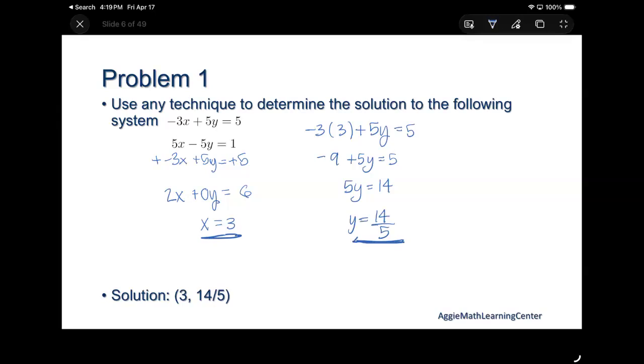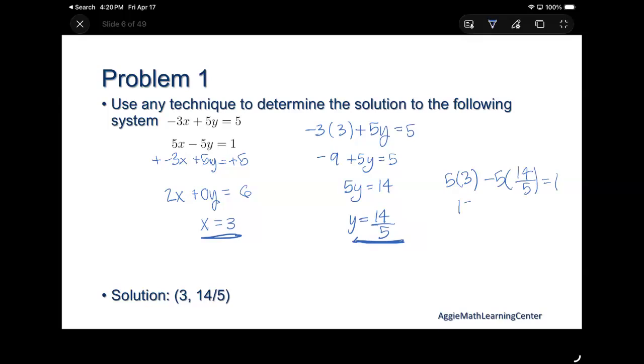If I wanted to check my work, I could. I can plug in 3 for x into the second equation and 14 over 5 for y into the second equation, and I'll get the answer is equal to 1. That's one of the ways that I can know that I did all my arithmetic right, is if my answer truly does satisfy both equations.